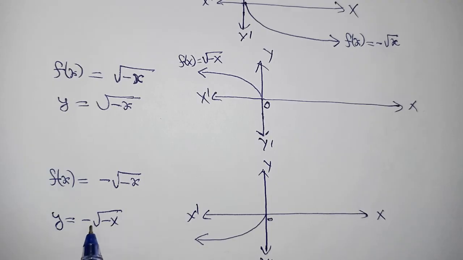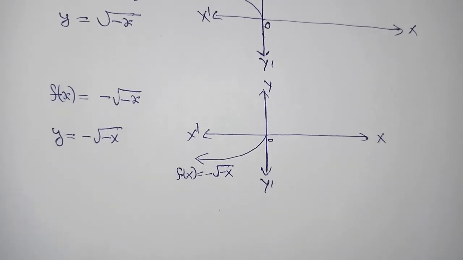Just because of two negative signs, one for the x-axis, one for the y-axis, the graph will be this, f of x equal minus square root of minus x, correct? So these are the directions in which we can change a graph or a curve on the Cartesian plane just by putting a negative sign inside or outside, wherever you want.